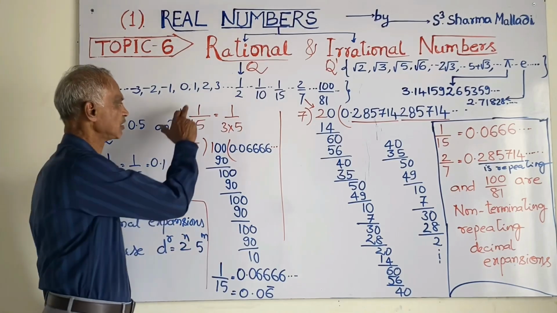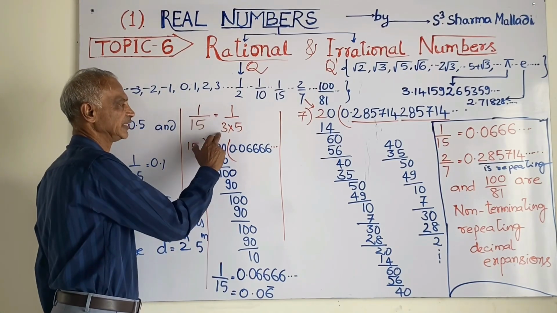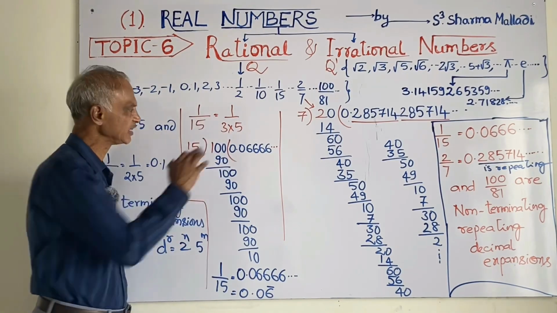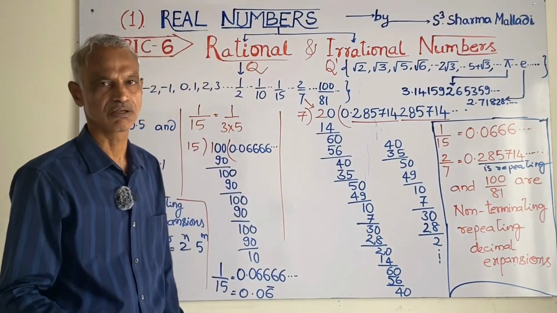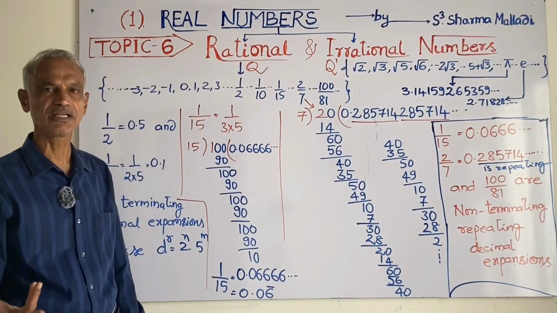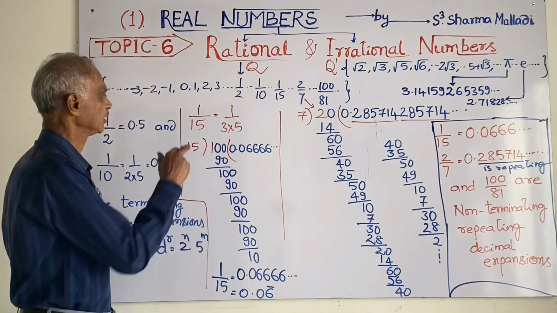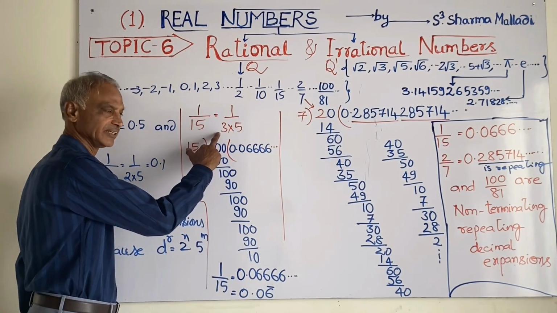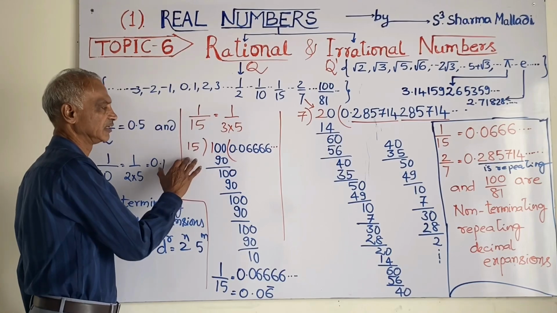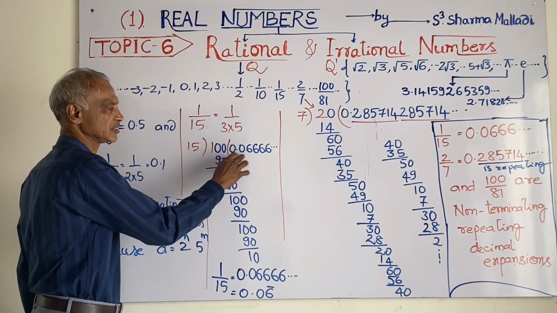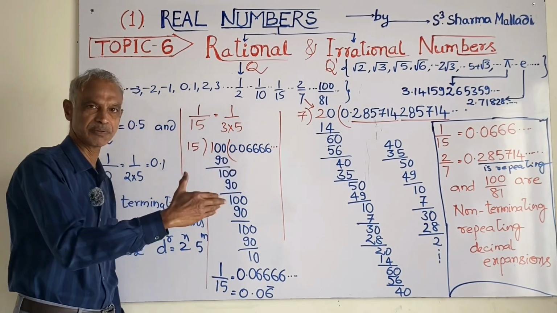You observe 1 by 15. 1 by 3 into 5. You see 5 is there, but 2 is not there. Even though 5 is there, 1 by 5 is a terminating decimal. But here you are having 3. And anyway, we will divide 1 with 15. You are getting 0.0666, it is repeating.